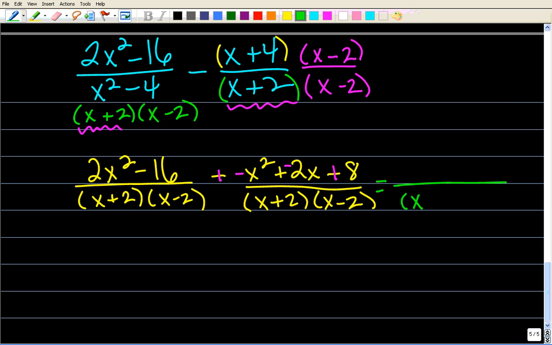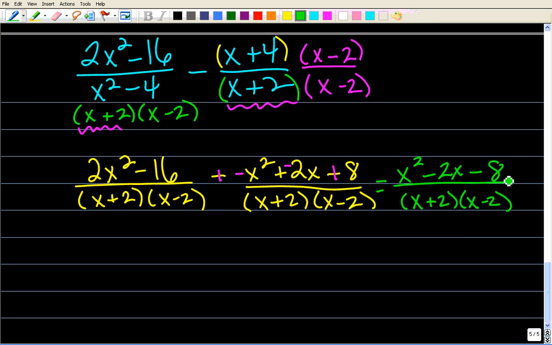The common denominator is still x plus 2 and x minus 2. And so we'll have 2x squared plus a negative x squared is 1x squared. We've got a negative 2x. And negative 16 plus 8 is negative 8.